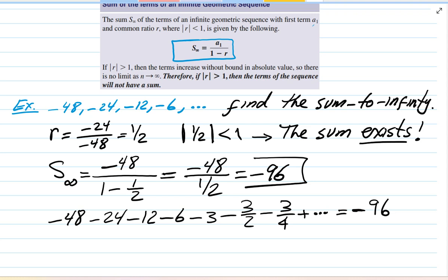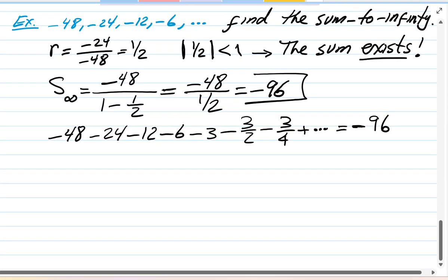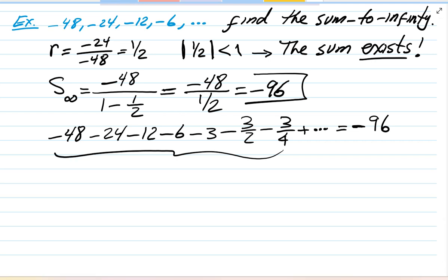And what's even more interesting, or I call it amazing, if you actually add these numbers, you will see the lion's share of this total is given by just adding the first few terms. For example, if I add 48, 24, 12, 6, 3, 1.5, and 0.75 on my calculator, I got 95.25.